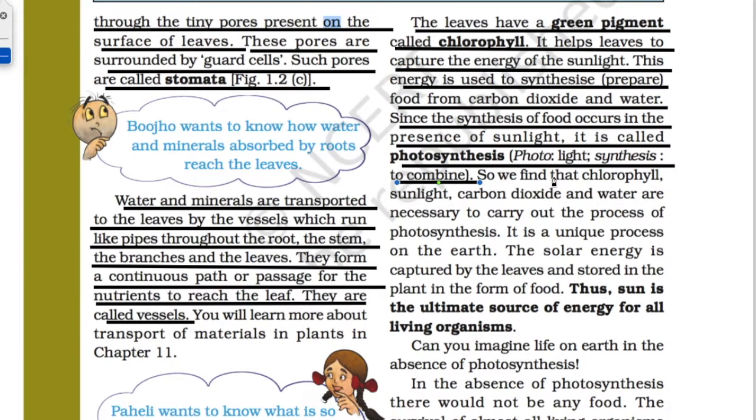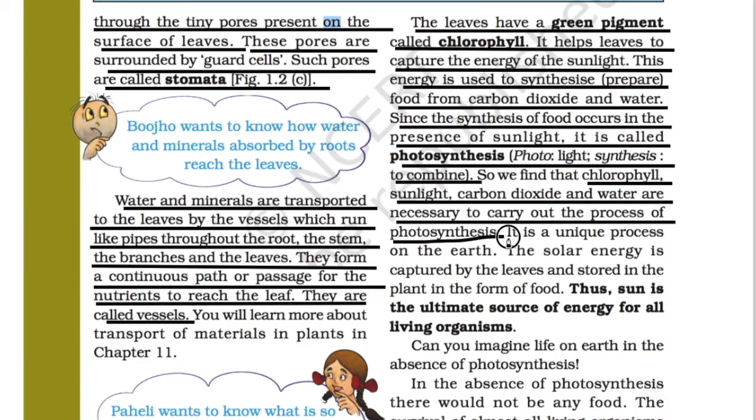So we find that chlorophyll, sunlight, carbon dioxide and water are necessary to carry out the process of photosynthesis. It is a unique process on the earth.